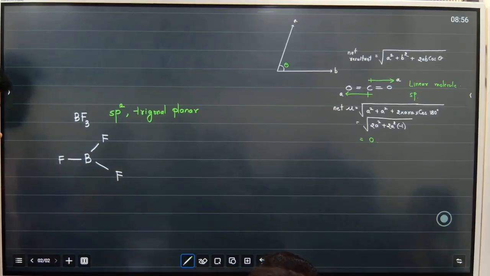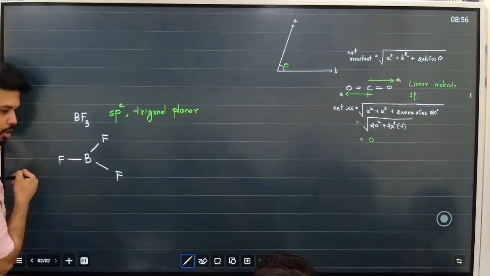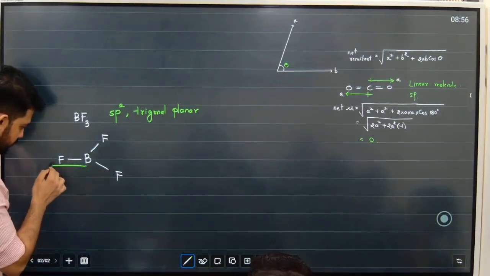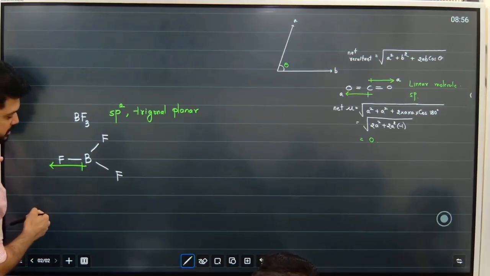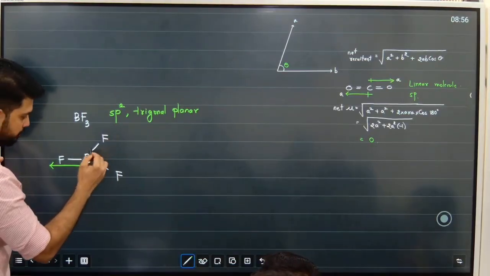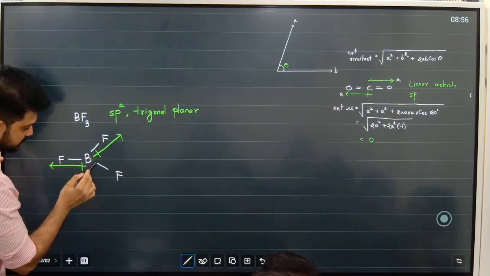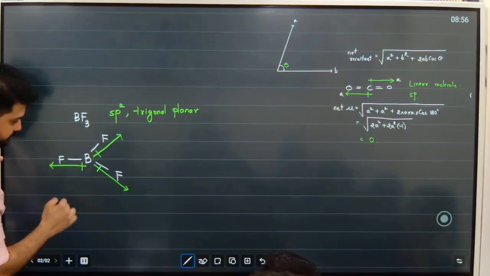This is BF3. Now fluorine and boron, who's more electronegative? It's obviously fluorine, the most electronegative element in the periodic table. So this first dipole is in this direction. This boron and this fluorine's dipole will also be in this direction. This boron and this fluorine's dipole is also in this direction.